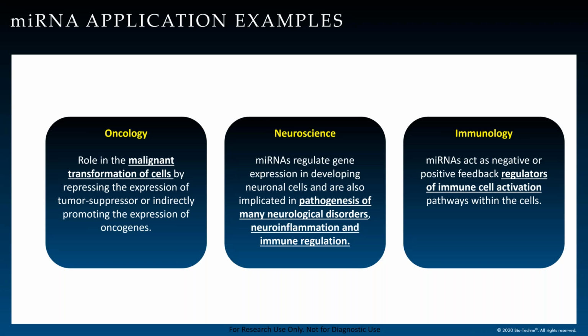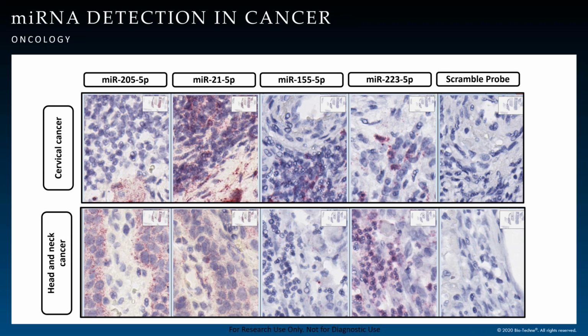In neuroscience, microRNAs are involved in pathogenesis of many neurological disorders, neuroinflammations, and immune regulation. For immunology, microRNAs have the potential to regulate immune cell activation, which is particularly important in viral infection and the immune system response. I'll now show some specific examples in the oncology research area.